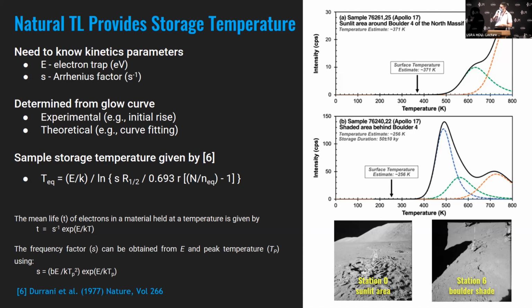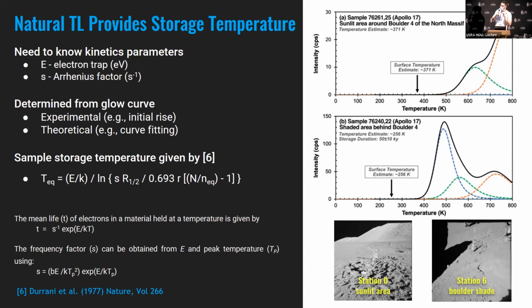For a sample that would sit on an illuminated surface at around 370 Kelvin, you would see nothing until about 500 Kelvin. That's when we would see the first glow coming in. Then imagine a boulder rolling down the hill and casting a shadow on a previously sunlit surface. Then the radiation could build up at lower temperatures, and the whole glow curve would rise up over thousands of millions of years.